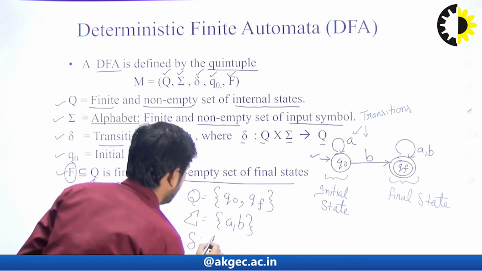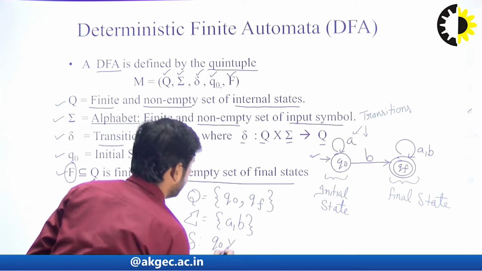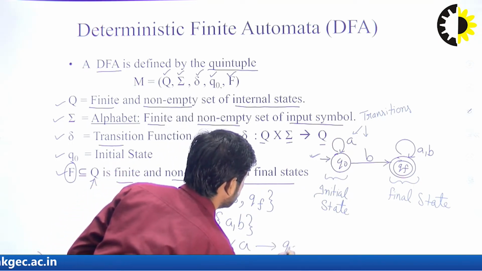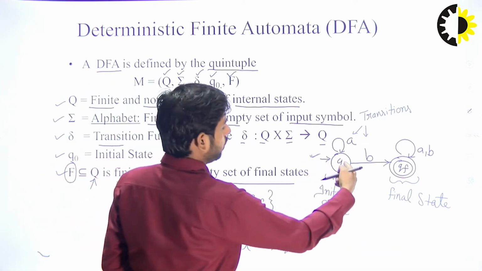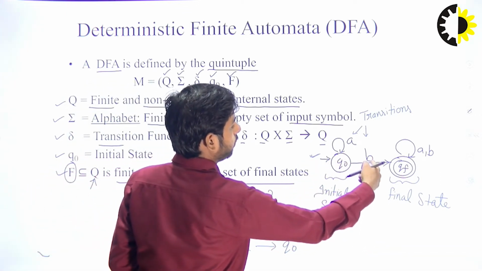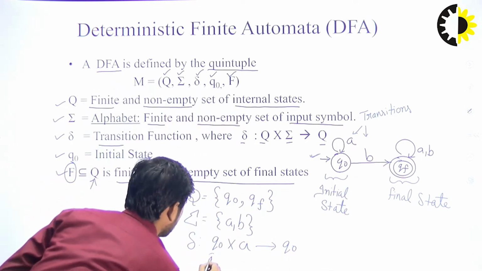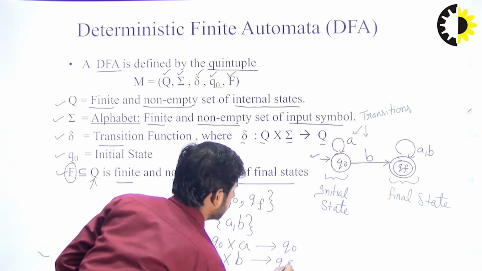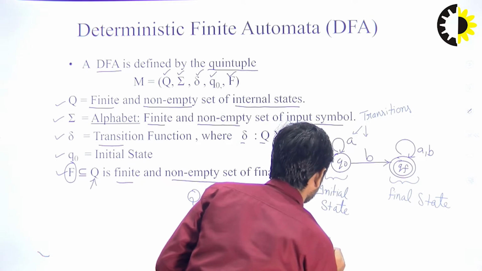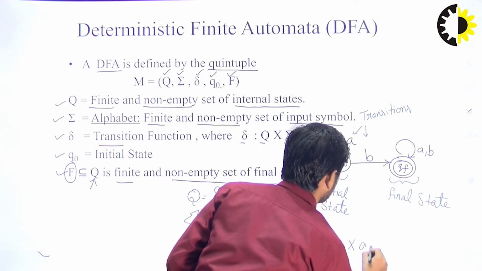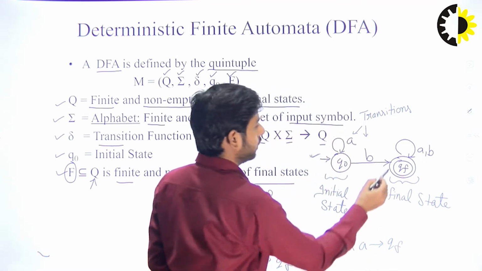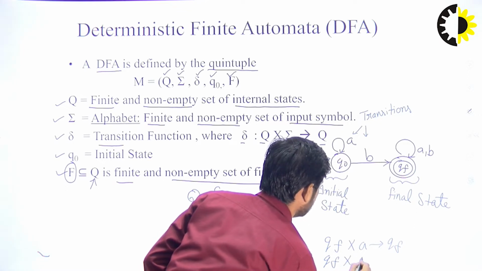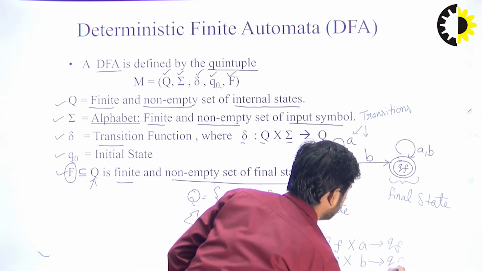At state Q node, on applying input A, it goes to state Q node itself. On state Q node, on applying input B, it goes to state QF. Similarly, QF on applying input A goes to state QF, and QF on input B goes to QF itself.